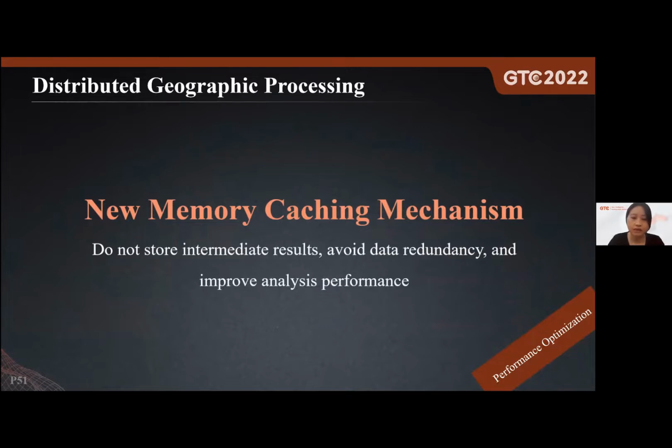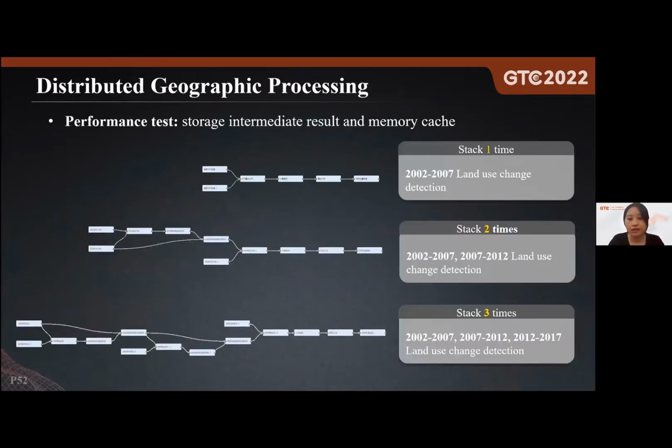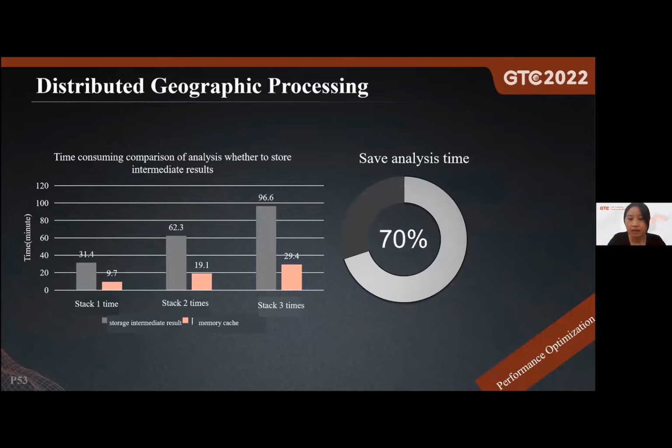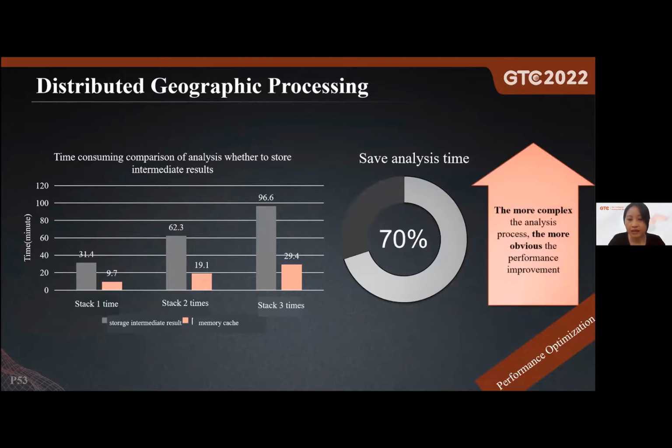We did a test to detect net use change through different iterations. The result shows that the new memory caching mechanism has greatly saved processing time, and the more complex the analysis process, the more obvious the performance improvement.